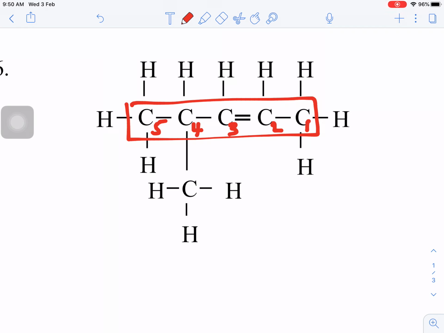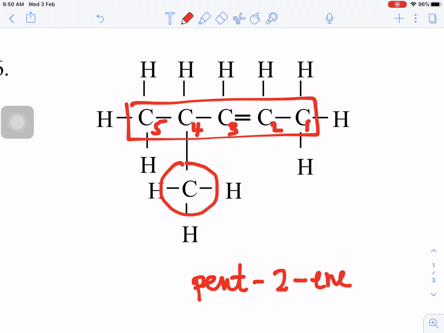So the name is pent-2-ene. And the methyl is located at carbon 4. So the name is 4-methylpent-2-ene.